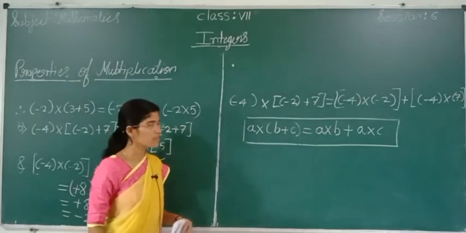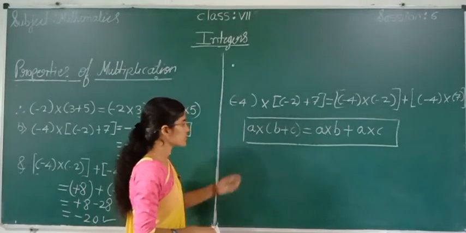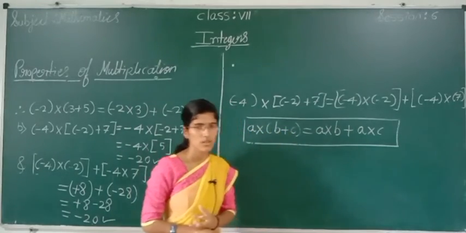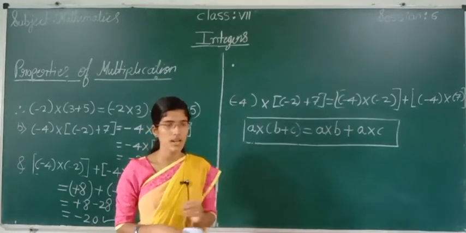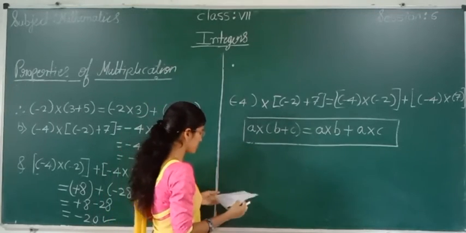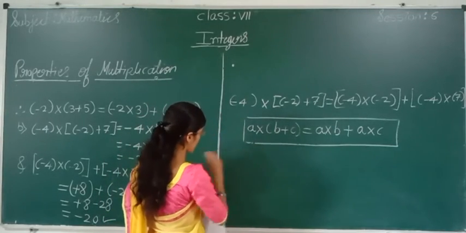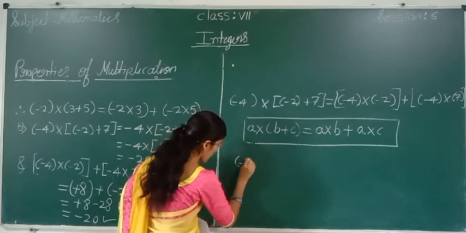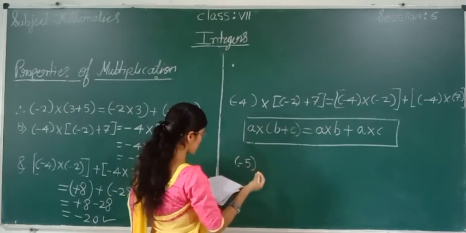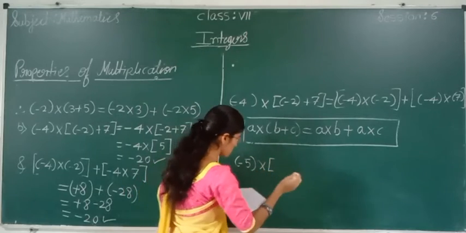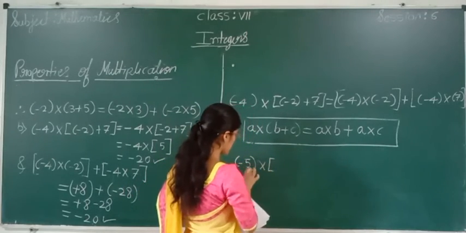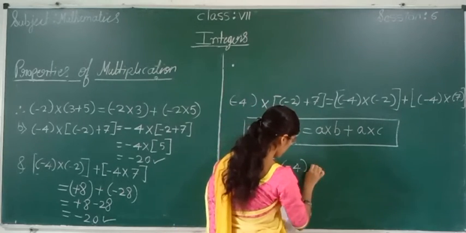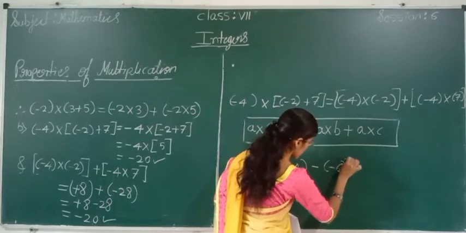Okay. Now we will see whether distributivity of multiplication over subtraction holds for integers, yes or no. So we will take one example. Minus 5 into minus 4 minus of minus 6.